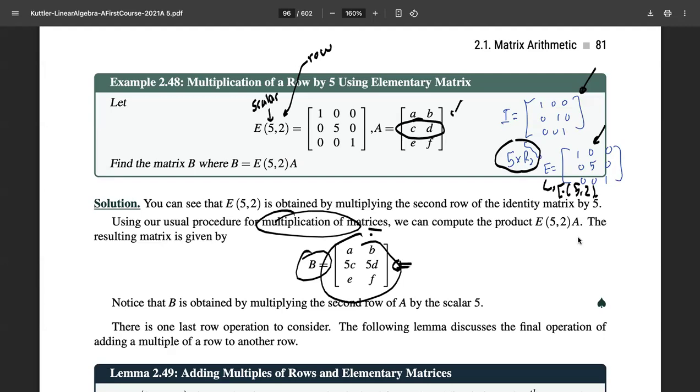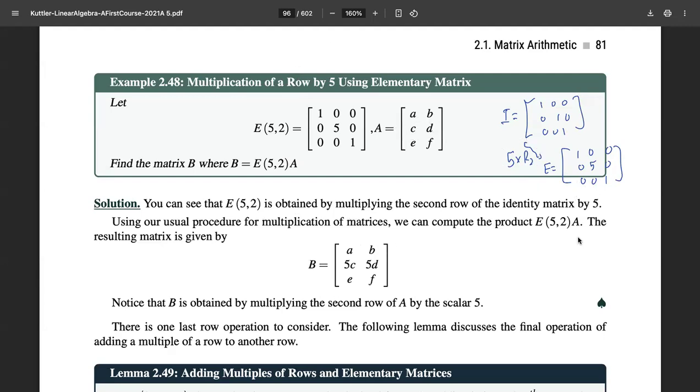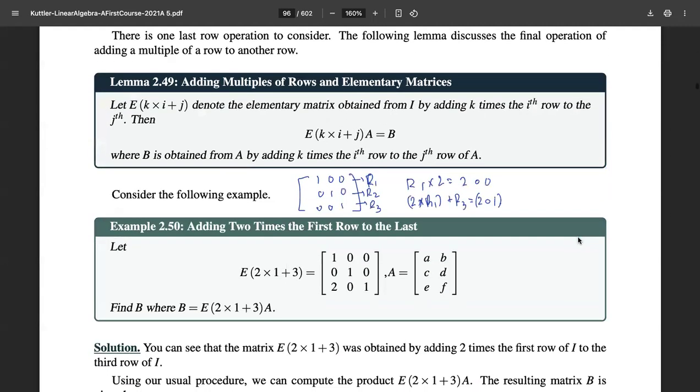So let's go on to the last operation. The idea here is pretty straightforward again. Here I'm going to add k times the ith row to the jth row. So for example, over here, I'm going to multiply the first row by 2 and add that to the third row.